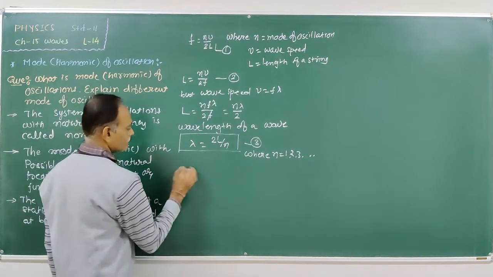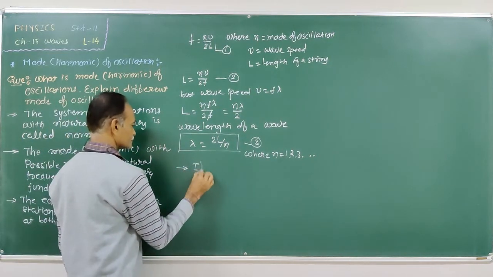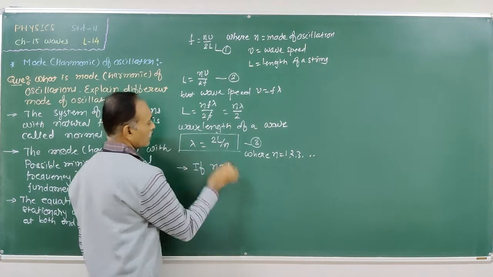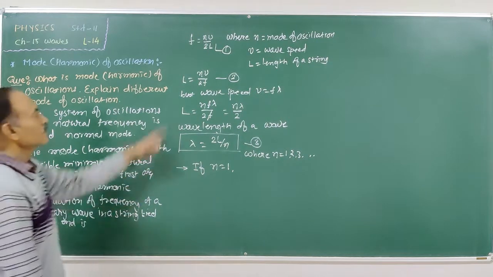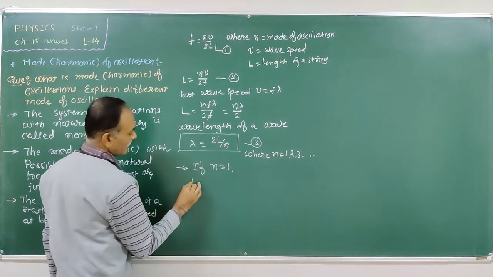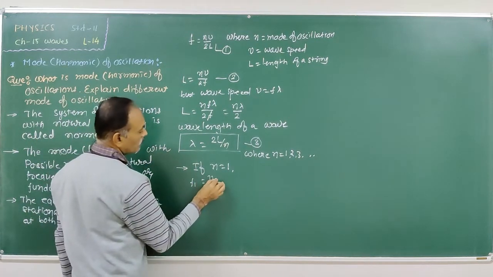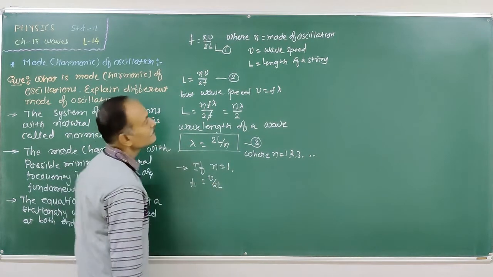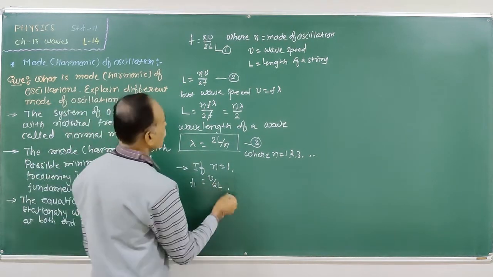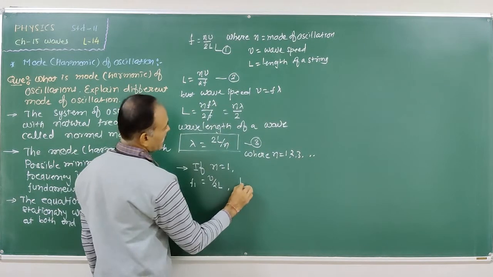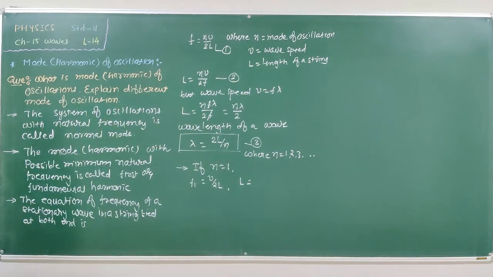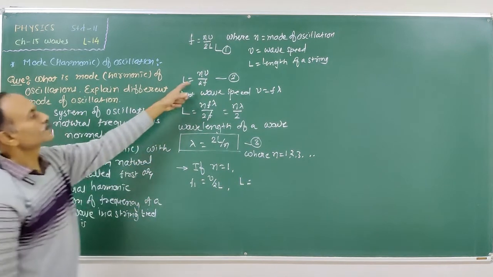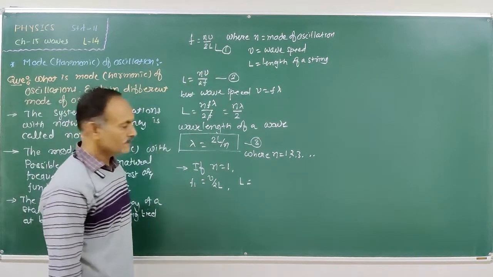Now, if n is equal to 1, then from equation 1, f1 is equal to v upon 2L. From equation 2, L is equal to either lambda by 2 or v upon 2f.